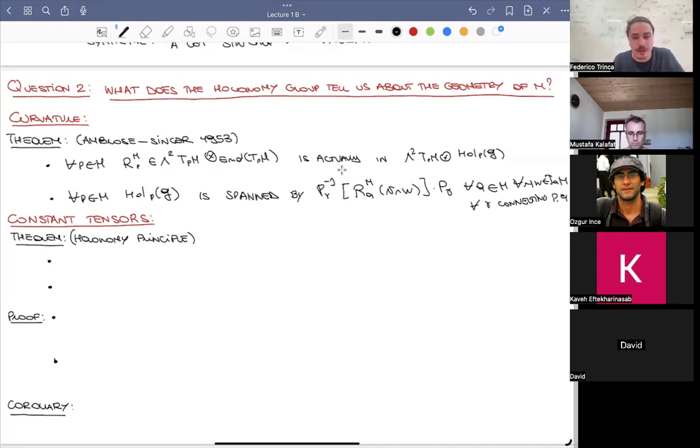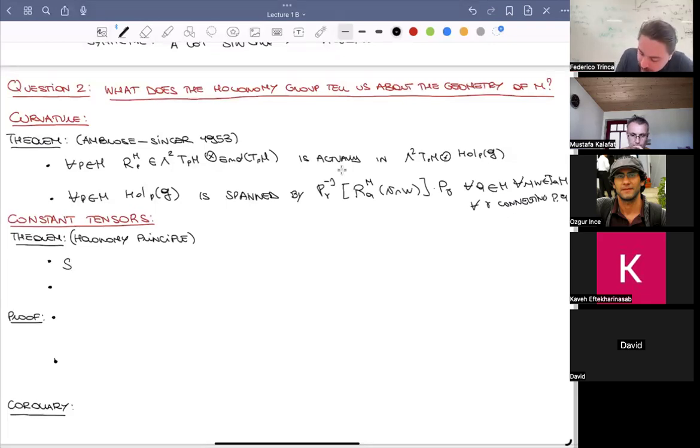I'm not going into many more details about the Ambrose-Singer theorem, but what I will need, and will talk about extensively, is the second consequence, which is about constant tensors. It is called the holonomy principle. The holonomy principle tells us essentially that we can characterize which are the constant tensors of a manifold with reduced holonomy.